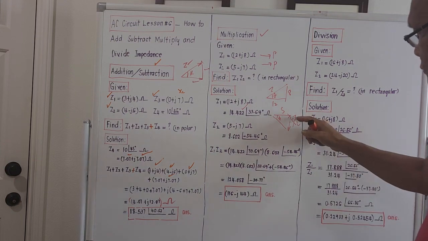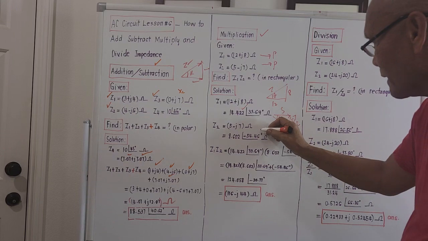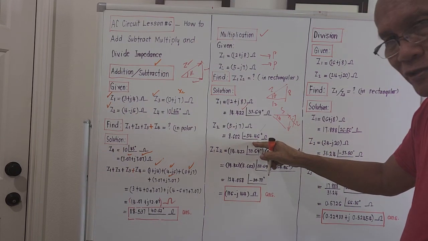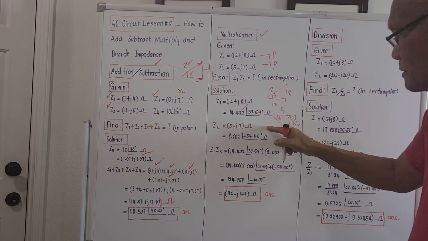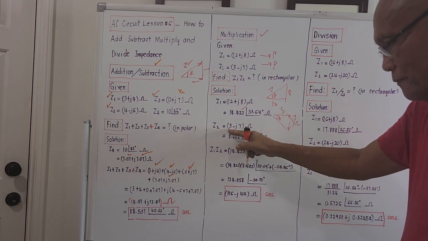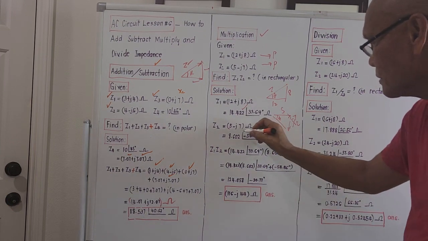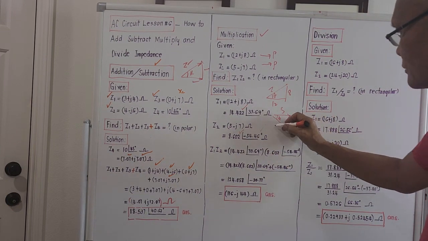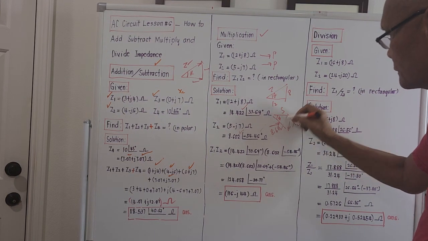So you take the ratio 7 over 5, press arctangent. What will come out will be negative 54.46 degrees. Take the cosine of this, you divide that into 5 using your calculator. What will come out should be 8.602 ohms, meaning this magnitude is 8.602.